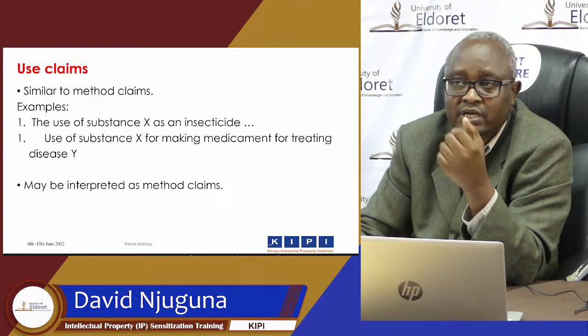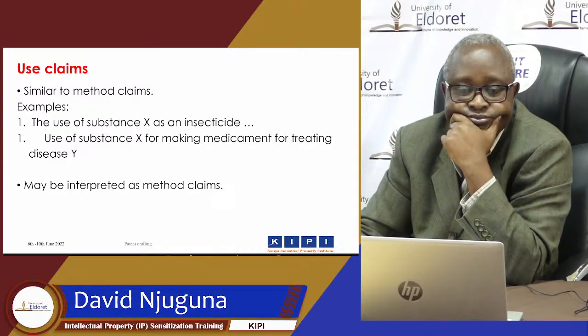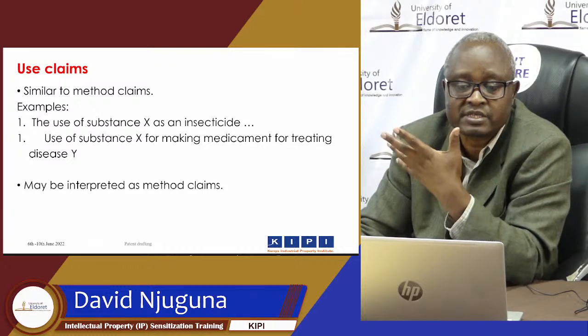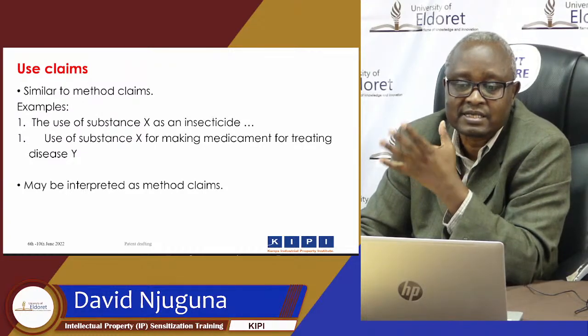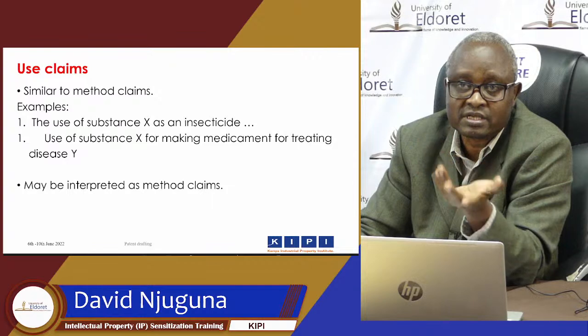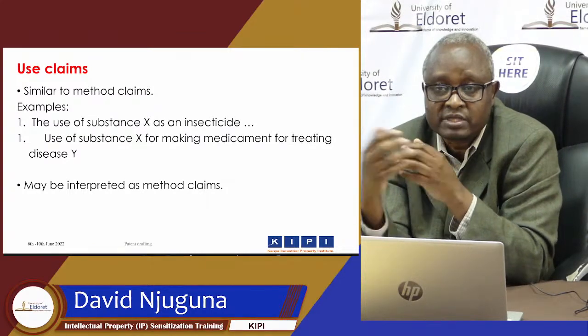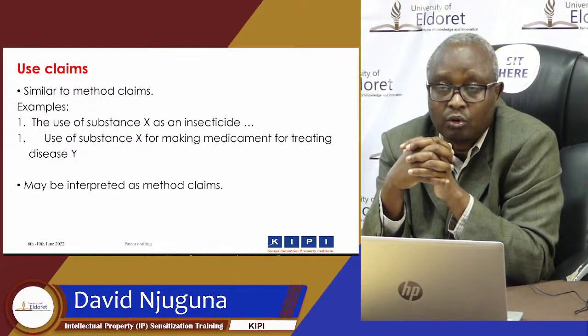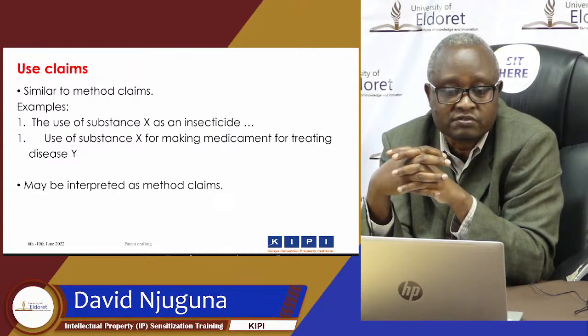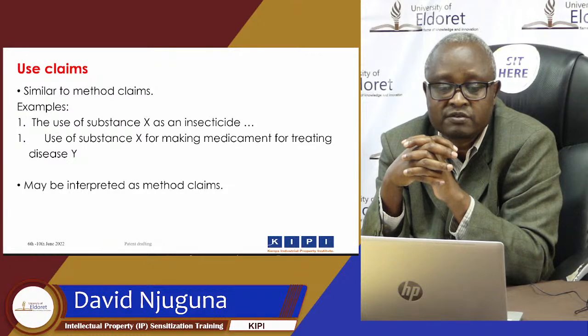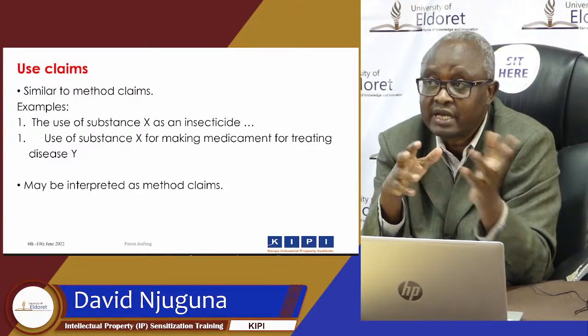There are also claims that are called use claims. They're almost similar to method claims. And we have the examples there. The use of substance X as an insecticide. So you discover a substance that probably is there and can be used as an insecticide. Or a different version of it is use of substance X for making a medicament for treating disease Y. So these are use claims.